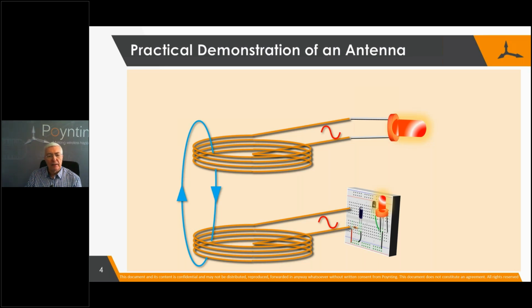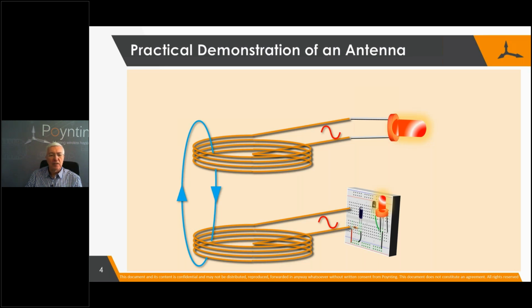Now, let me just say for the purists, the electromagnetic wave is slightly different from what this is. This is the near field. This is magnetic induction, but the principles are very much the same.